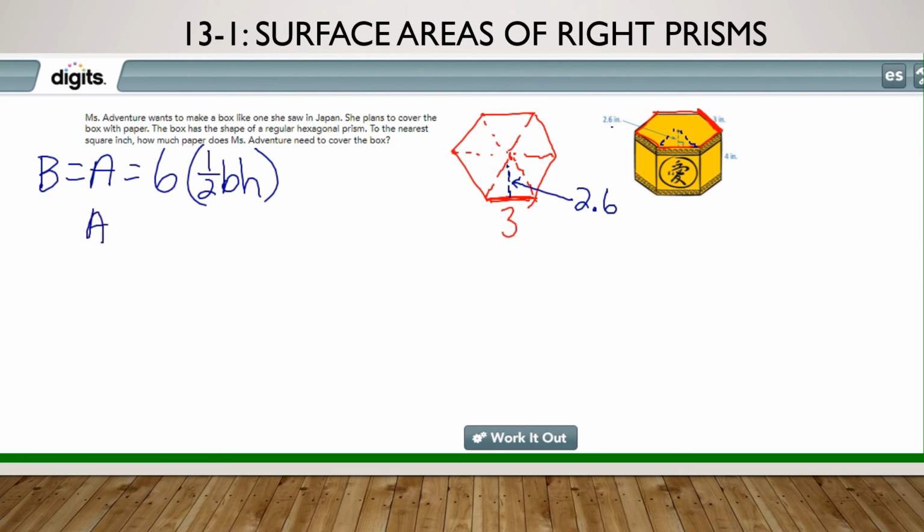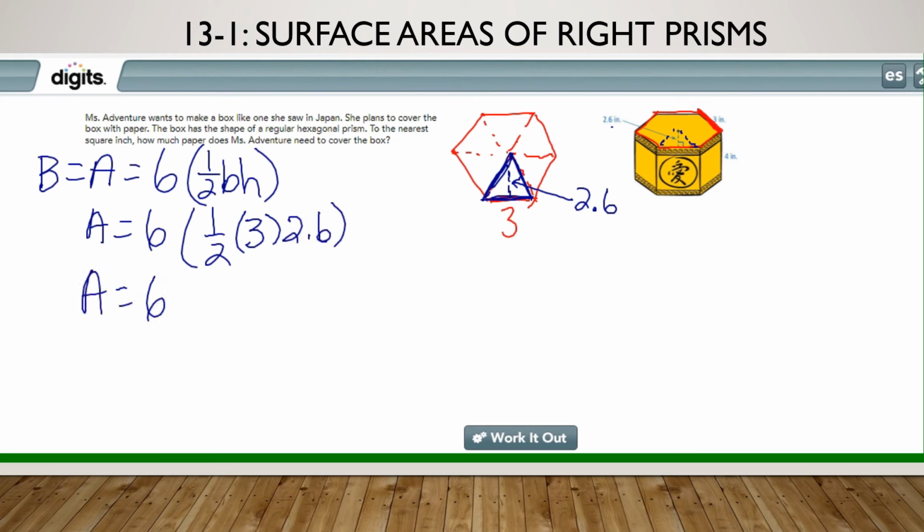So that would be the area of this base. Now I'm going to go ahead and substitute. What is the base of that one triangle? Well, the base of that triangle is 3. Now the height of that one triangle is 2 6/10.